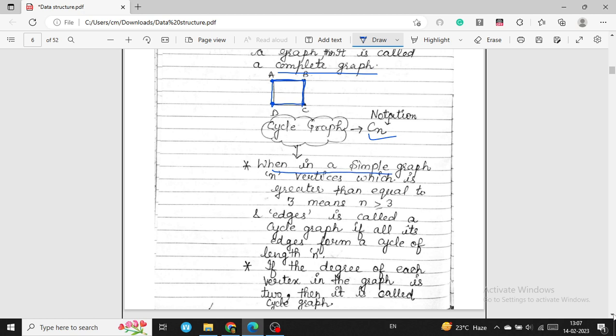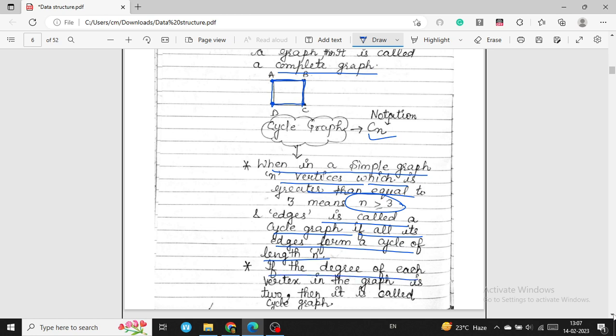When in a simple graph with n vertices, where n is greater than or equal to 3, and edges, it is called a cycle graph if all its edges form a cycle of length n.